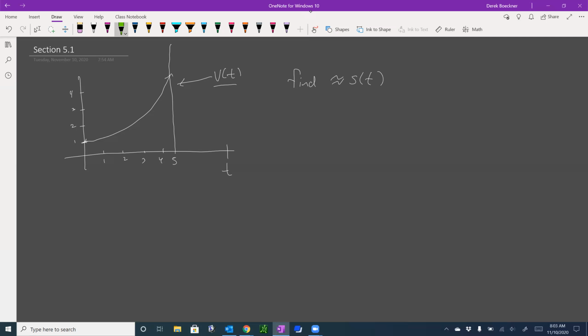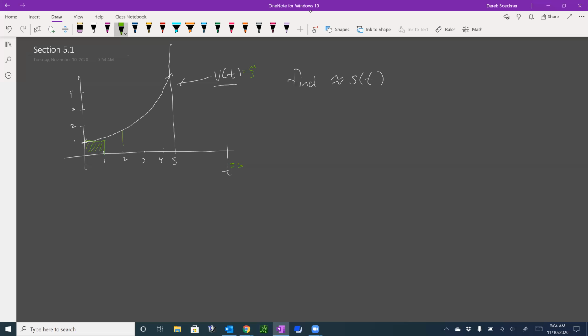Well, over the first second, it looks like we're going about 1 unit per second. Let's say that this is in units per second, and this is in seconds. Then if I'm going approximately 1 meter per second for 1 second, after 1 second, I've gone about 1 meter, right? I've gone the area of this green box.